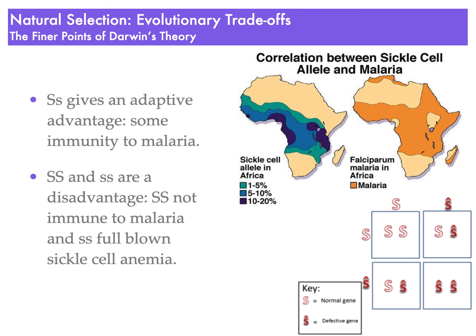So when we take a look here, what we realized was that if you have sickle cell disease and you get bitten by one of these infected mosquitoes that gives you malaria, as the malaria infects your cells, they go from the nice round shape to a sickle, and it kills the malaria.